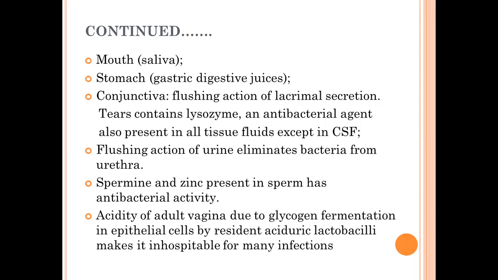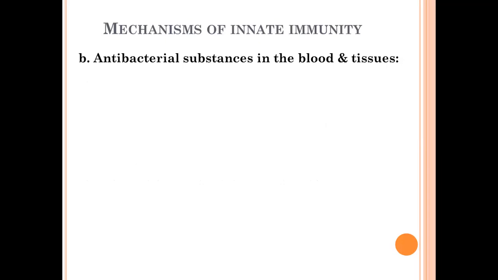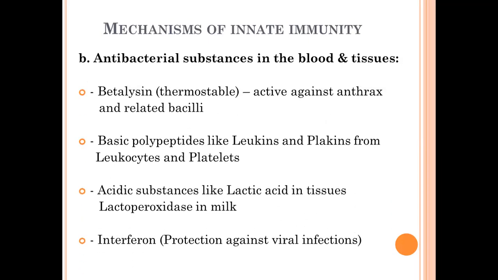The second mechanism for innate immunity is that there are many antibacterial substances in the blood and the tissues which act against foreign particles. For example, beta lysine, which is thermostable and active against anthrax and related bacilli.